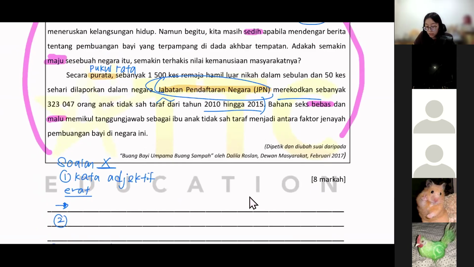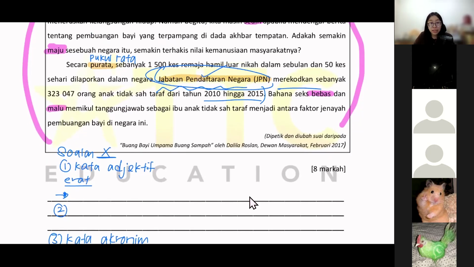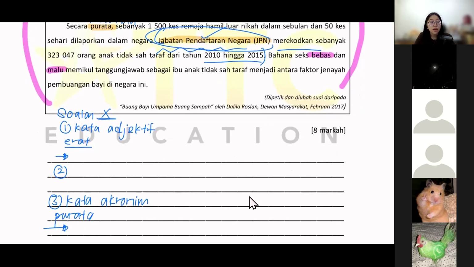You have to write here Jabatan Pendaftaran Negara. Because when you put short form, you have to put the full name first, only then you can put short form. So you have to put JPN, Jabatan Pendaftaran Negara. Same concept when you're writing an essay. The first sentence, you need to introduce the short form first. What is the short form? Then the next sentence only can use the short form.